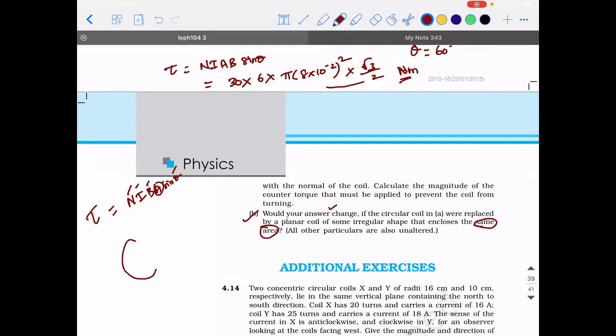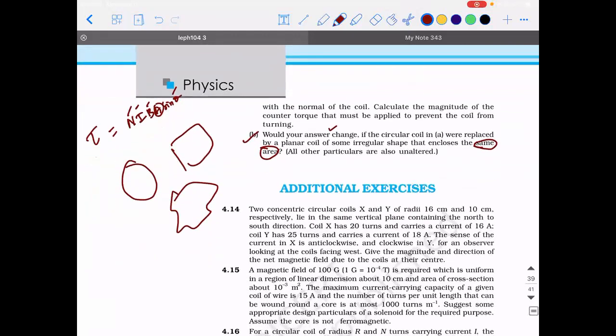So here there is an important observation to be made. Whether it is a circle or square or some random shape, if it is of the same area, keeping all of the specifications the same, then the torque experienced by it is going to be the same value. It is unaltered. The only factor that mainly matters in this question is the area.